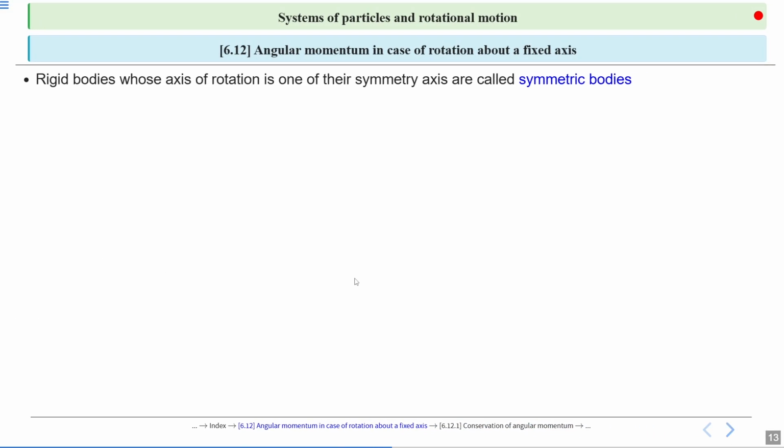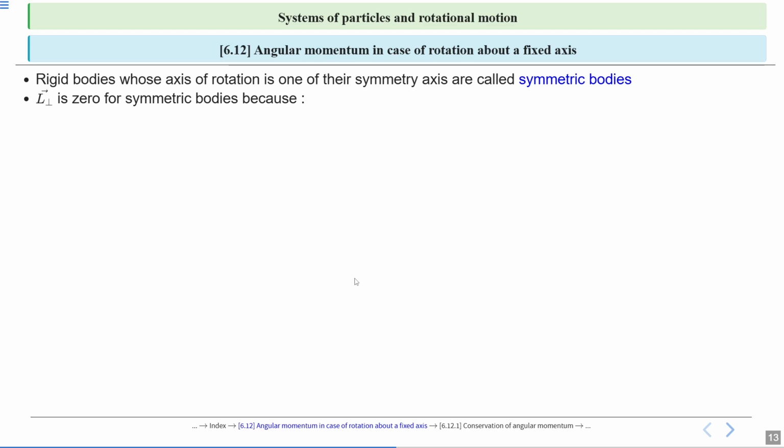Angular momentum in case of rotation about a fixed axis. Rigid bodies whose axis of rotation is one of their symmetry axes are called symmetric bodies. So L perpendicular is 0 for symmetric bodies. Why?